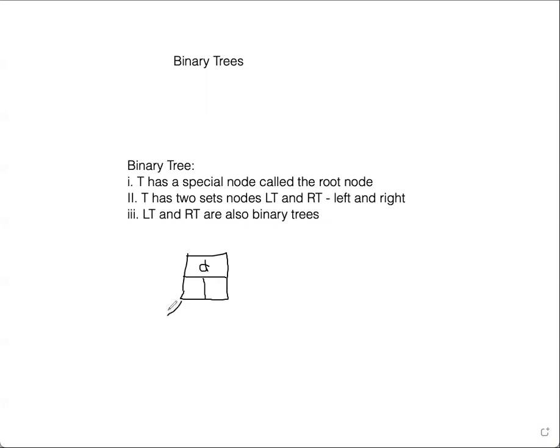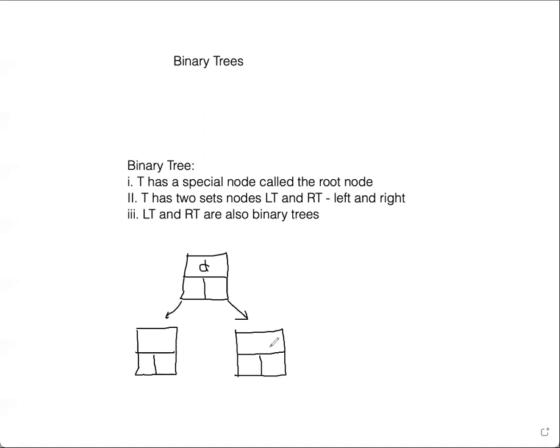One link is going to go to the left, to another node there, and then one is going to go to the right. Each of these will also have a left and a right.